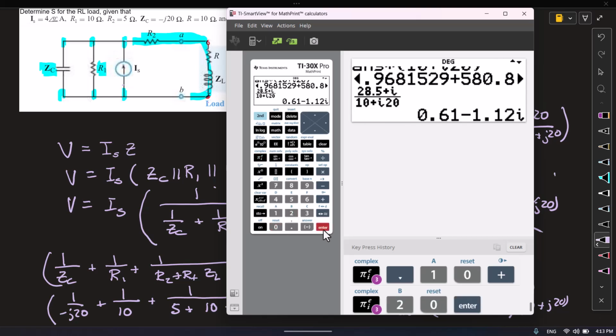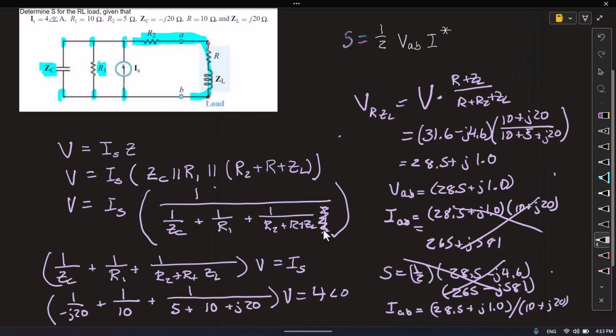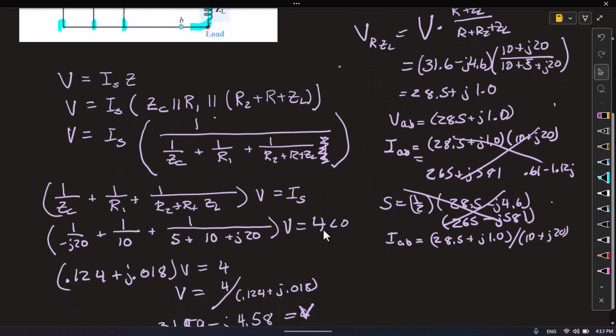And this time I get 0.61 minus 1.12 J. So then my power will be 1/2 times 28.5 plus J1.0 times 0.61 plus 1.12 J.